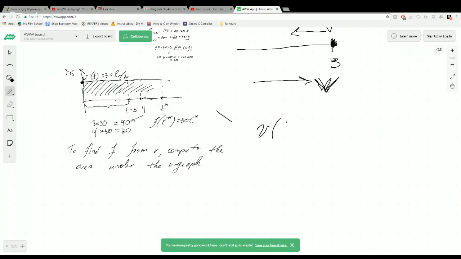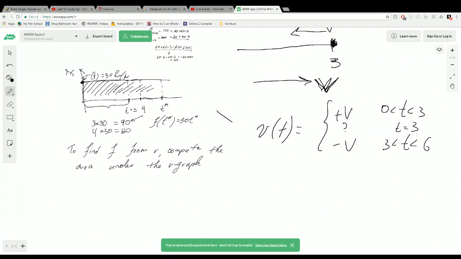We have velocity equals positive v when time is between 0 and 3, and negative v after time 3 all the way to time 6. And at time 3, we don't know what's going on, right?